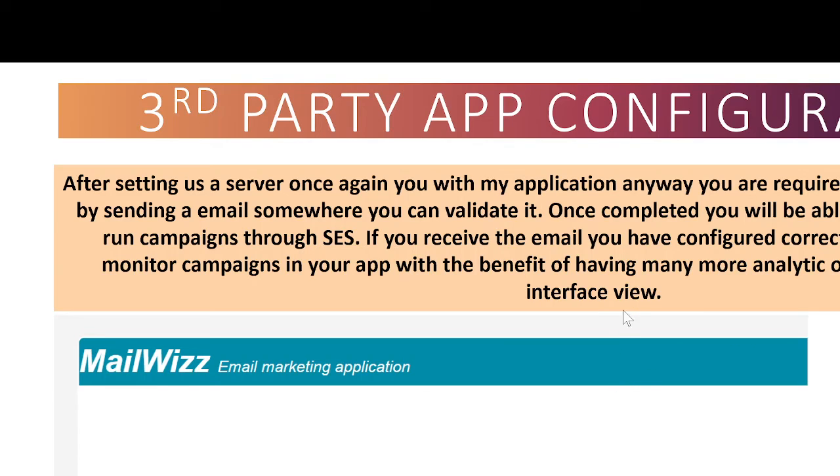Once completed, you will be able to use your third-party email app to run campaigns through SES. If you receive the email, you have configured correctly, and now you can build and monitor campaigns in your app with the benefit of having many more analytic options and a dashboard or interface view.